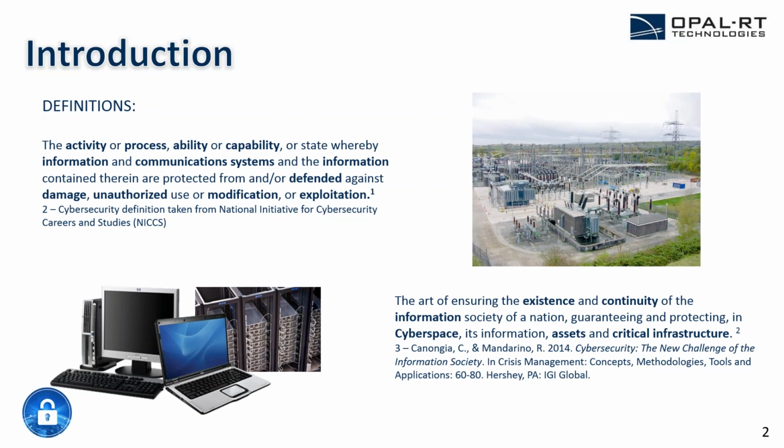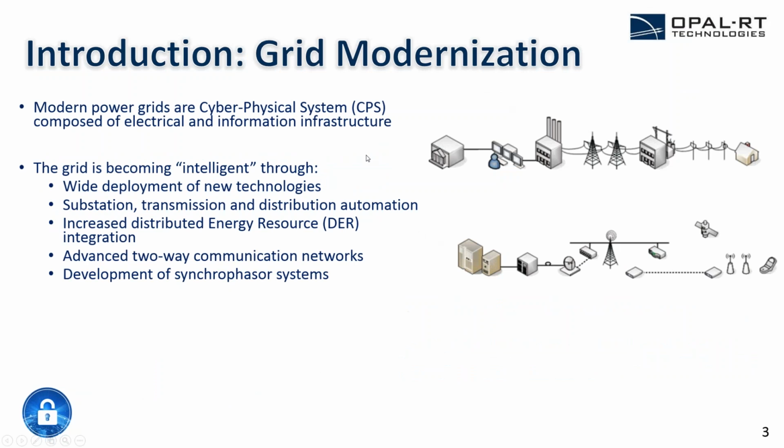This is a very, shall we say, computer engineering heavy definition. But in reality, in the context of the power grid, it's not just about computer systems, it's about protecting critical infrastructure, which is what the second definition addresses. So we're really considering both the cyber and the physical side of things.